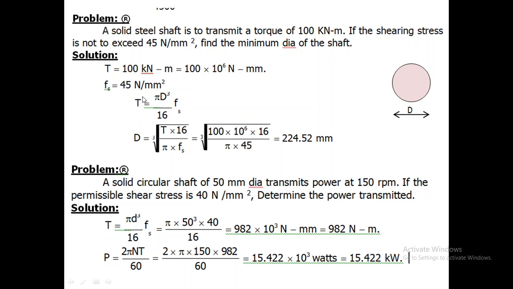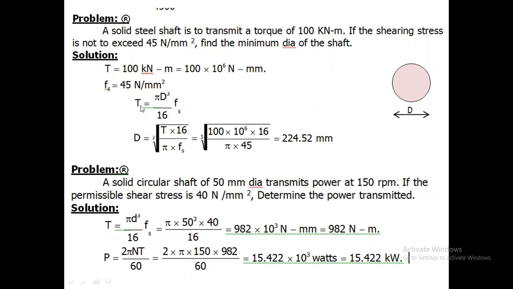T is the torque, right? And J is nothing but the polar moment of inertia. So taking that equation, T by J is equal to tau by R, if we substitute and simplify, we'll get this equation.